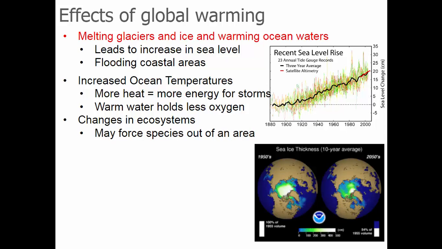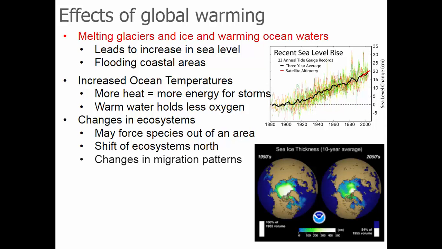One of the main reasons we are losing species at a rapid rate is due to climate change. Ecosystems will shift northward. So typically where you have a grassland at a certain latitude, as the earth warms, it's going to shift those ecosystems northward. Growing areas for different crops are going to change. Areas that were once good for growing a certain type of crop will no longer be good for that. Migration patterns change. Forest fires increase.